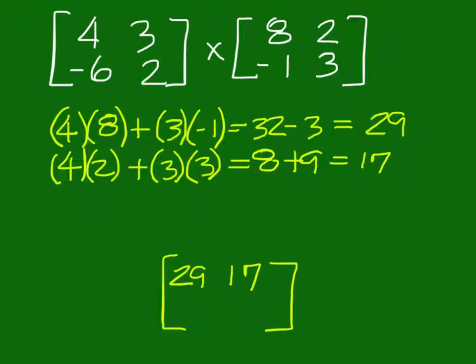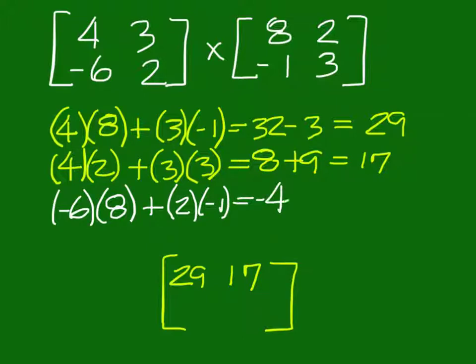She still does. Alright, so now we're going to move to the bottom row and then this column. So with that, you should have negative 6 times 8 plus 2 times a negative 1, which is negative 48 minus 2.